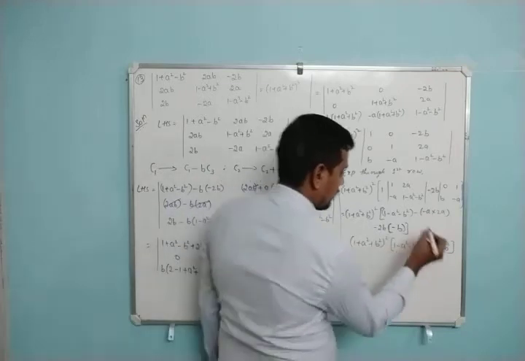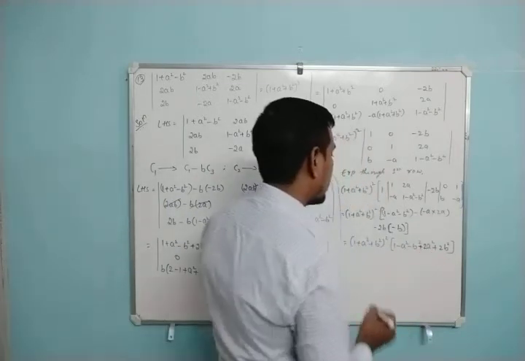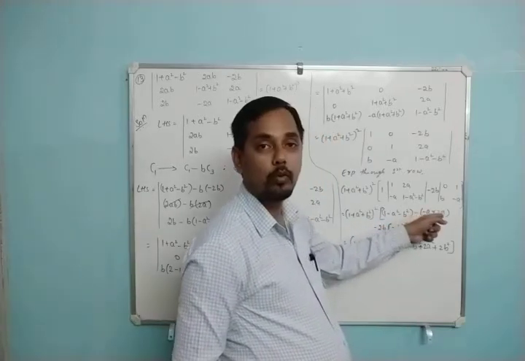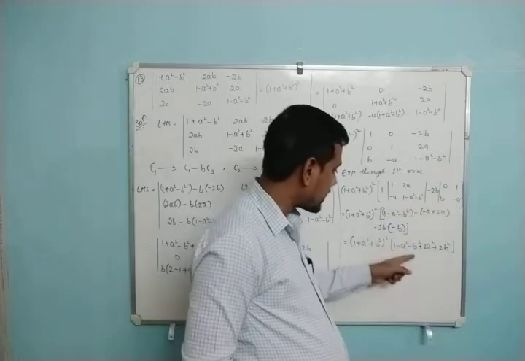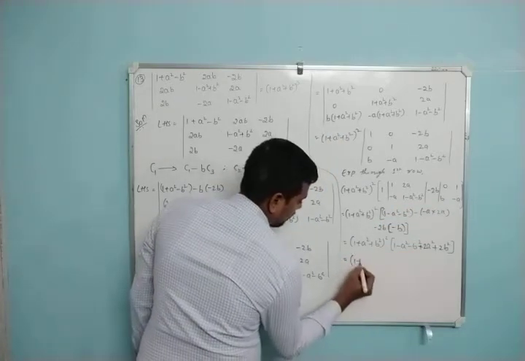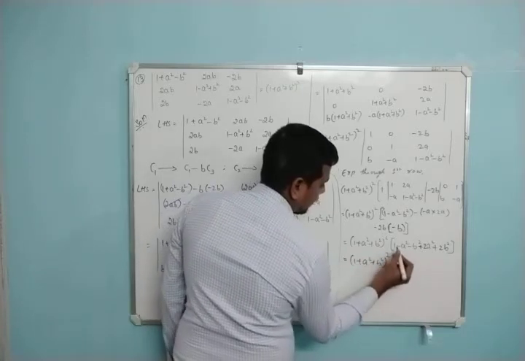So this is 2a square. 1 minus a square minus b square, right? Minus a into 2a is minus 2a square, into minus is plus 2a square, right? So this is 1 plus a square plus b square the whole square, right?